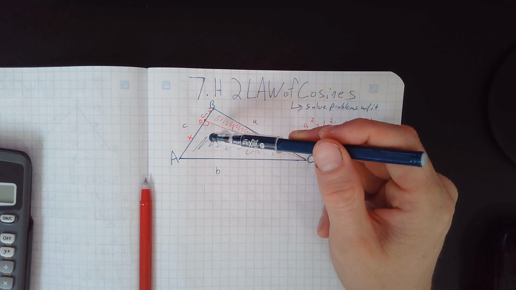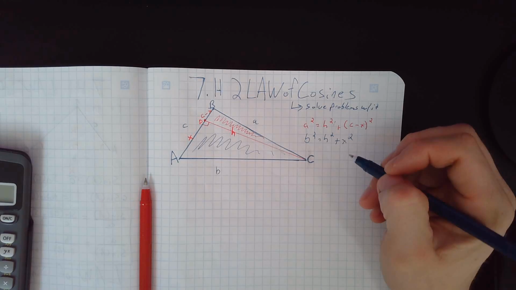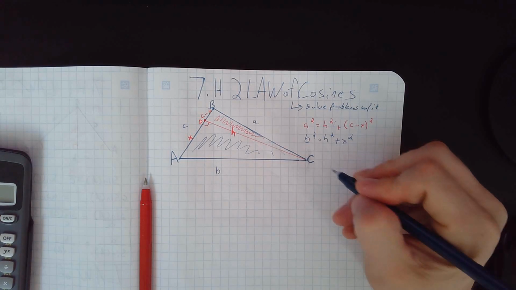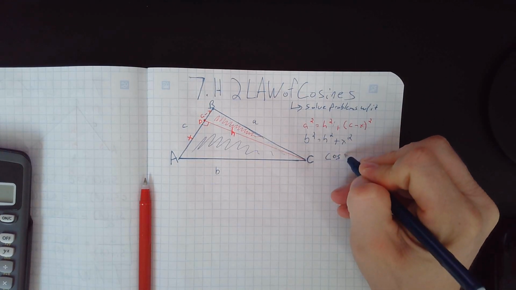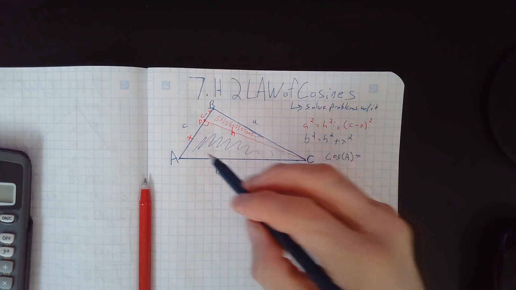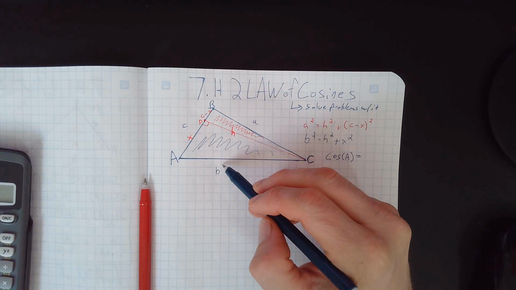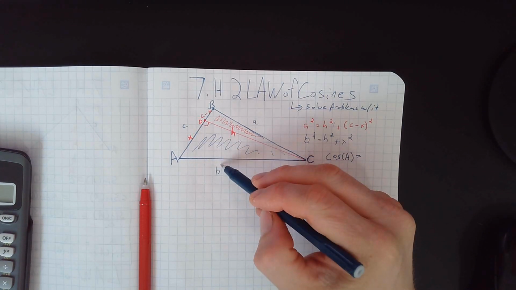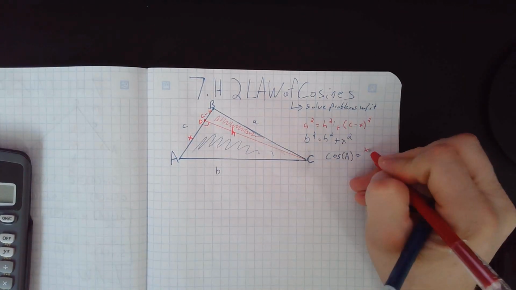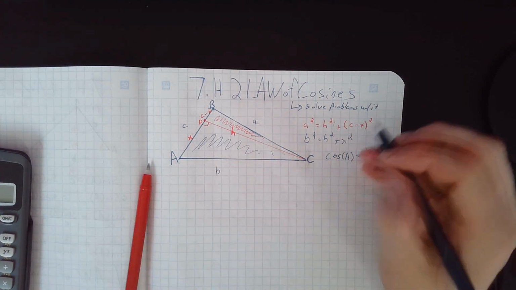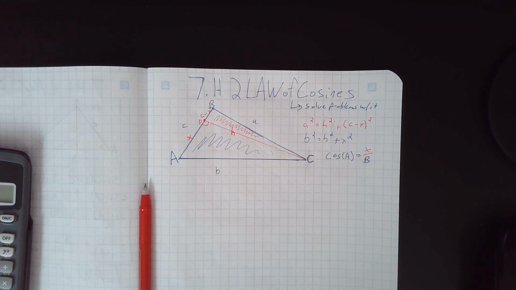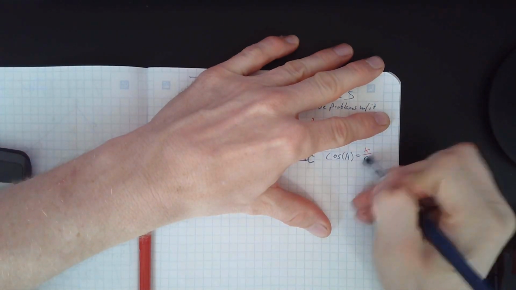So if we were going to solve for the cosine of A, it would be adjacent over the hypotenuse, correction, not opposite. It would be x over lowercase b.